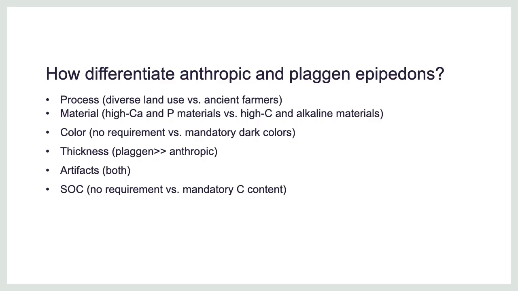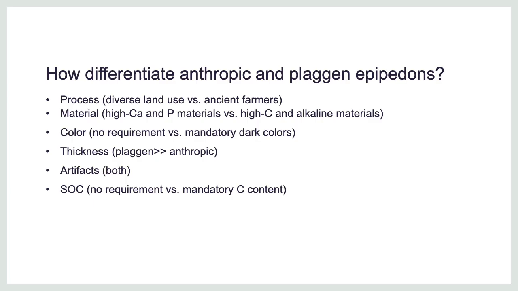The color is not mandatory for the anthropic pattern, but for the Pelagian pattern it should register dark colors. We saw that in the last slide. As for the thickness of these horizons, the Pelagian pattern asks for at least 50 centimeters. It's much more than the anthropic, okay? Artifacts can be found in both patterns, and the organic carbon content is not a requirement for the anthropic pattern, but it's mandatory for the Pelagian pattern.